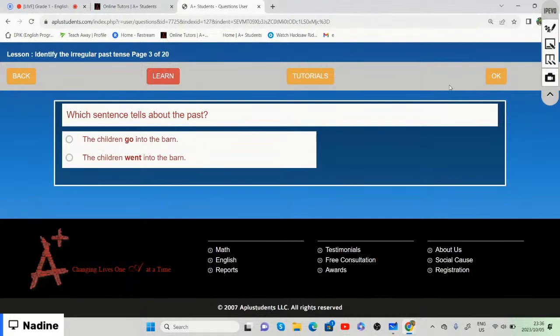So we need to say what sentence tells us about the past. The children go into the barn, or the children went into the barn. Which sentence tells us about the past? Go or went?